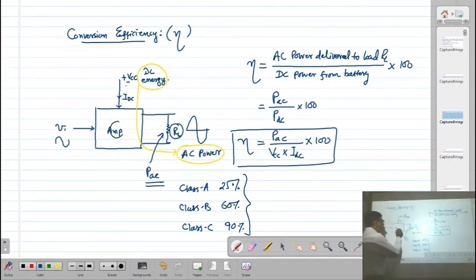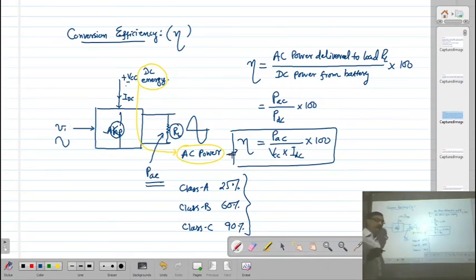Whatever the active device we have, we provide a forward bias between the base and emitter, and we select the position of the Q point. The Q point is in the active region, or near the cutoff region or the saturation region. Accordingly, the efficiency will change.